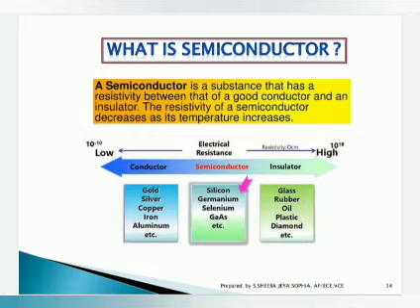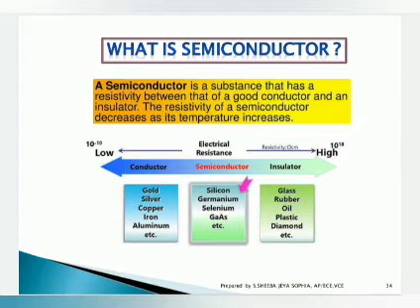Based on the conductivity of the material, it is designated as either a conductor or an insulator. But the semiconductor has a character lying between these two materials. The resistivity of a semiconductor decreases when its temperature increases. Here I have depicted in the diagram how the electrical resistance changes in semiconductor, conductor and insulator.